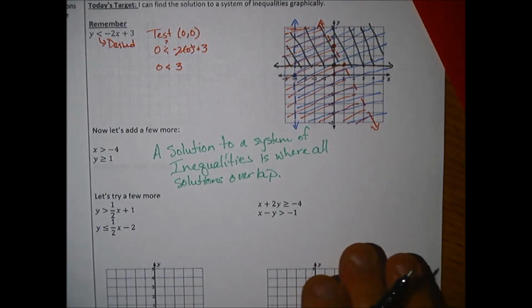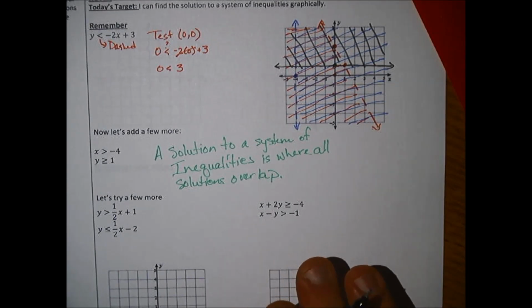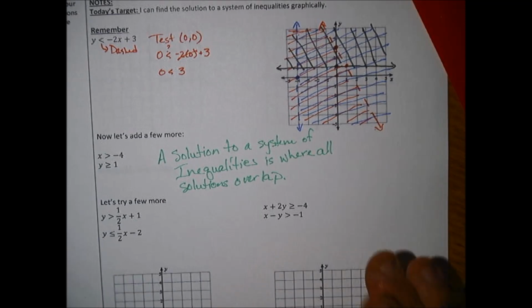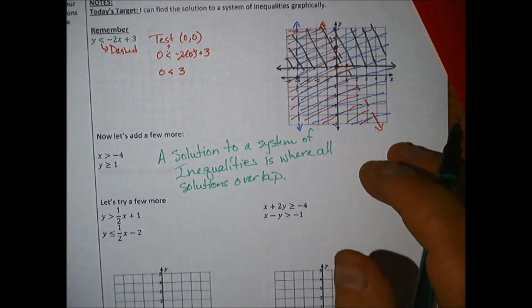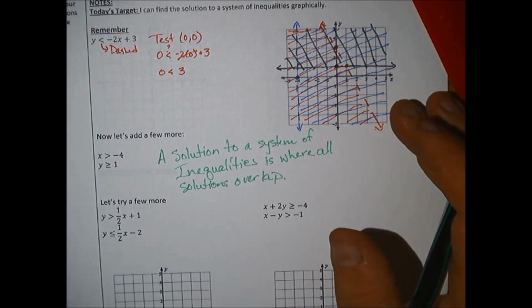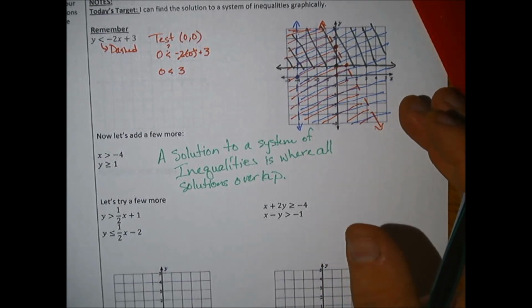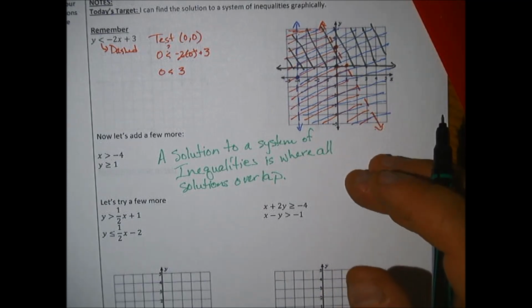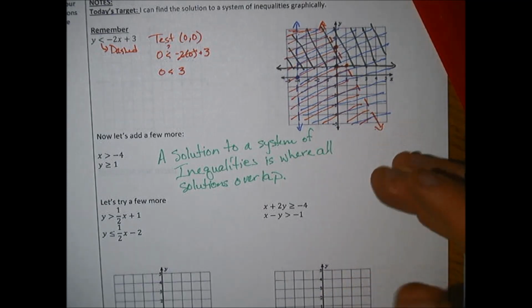So remember, we graphed multiple inequalities on a number line, and we had the AND statement and the OR statement. All this shading that we have on here, which actually covers all of the graph, would give us an answer for an OR statement. But whenever we're dealing with a system of inequalities, it's just an AND statement.